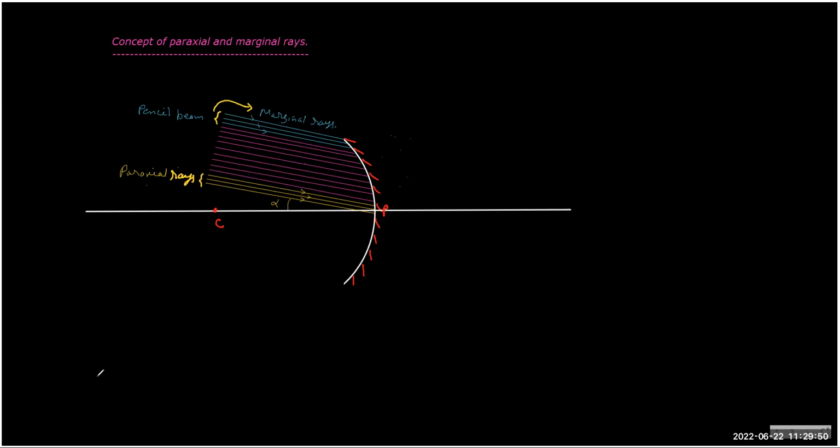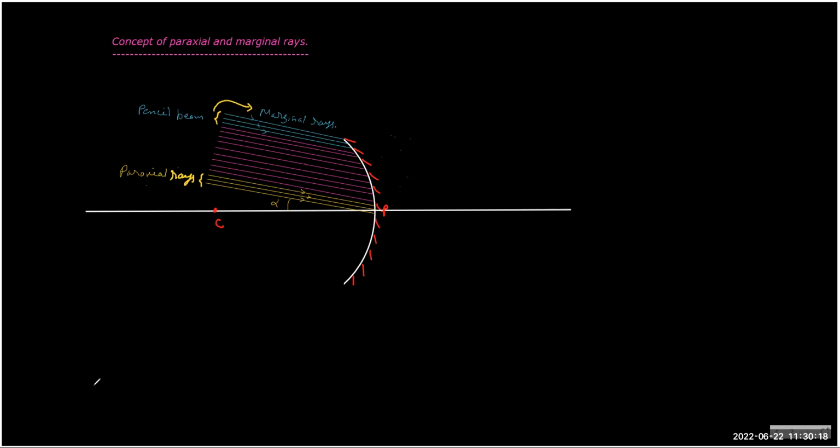So paraxial may be parallel to the principal axis also. Paraxial may not be parallel to the principal axis. And the beam is parallel or slant with respect to the principal axis. See, I'm saying beam. A beam is a collection of parallel rays. I'm saying a beam is inclined to the principal axis, or a beam is parallel to the principal axis.